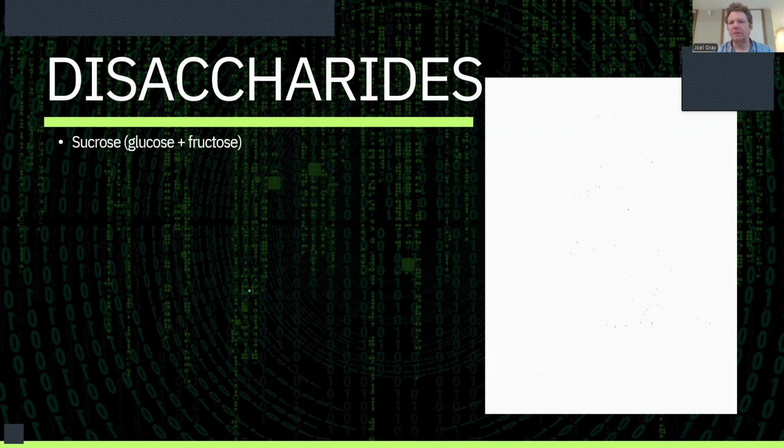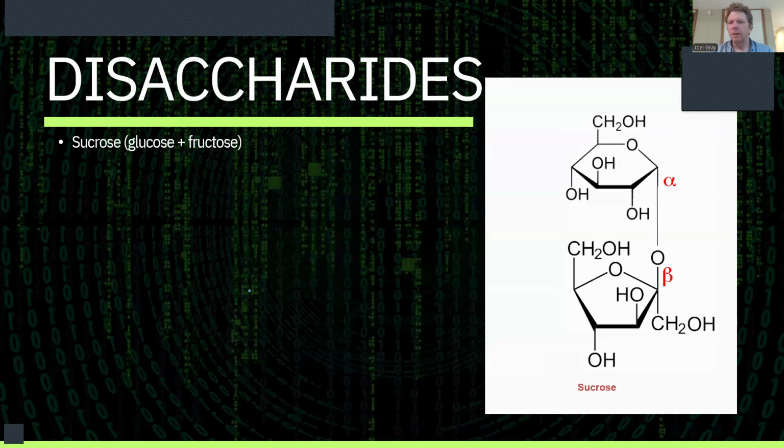This is a sugar that's nice to give you a little bit of space for, because what we've got is an alpha version of glucose and a beta version of glucose. When we depict it this way, it might be a little more clear, because in both of these sugars, in this depiction, we've got our anomeric carbon on the right-hand side of our molecule.